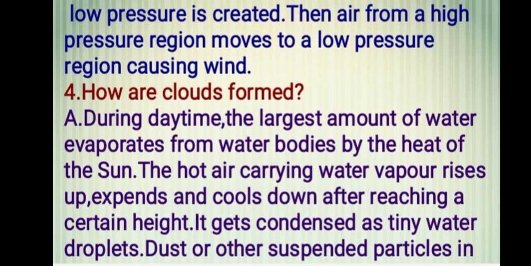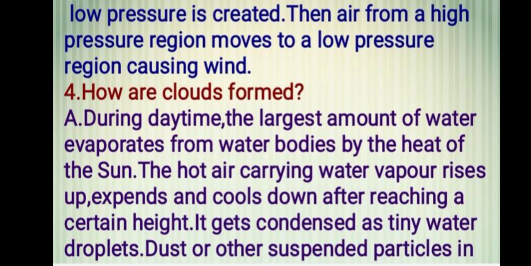How are clouds formed? During daytime, the largest amount of water evaporates from water bodies by the heat of the sun. The hot air carrying water vapor rises up, expands, and cools down after reaching a certain height. It is then condensed as tiny droplets of water.